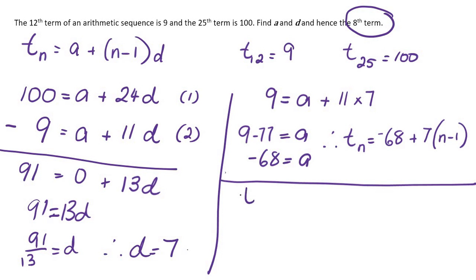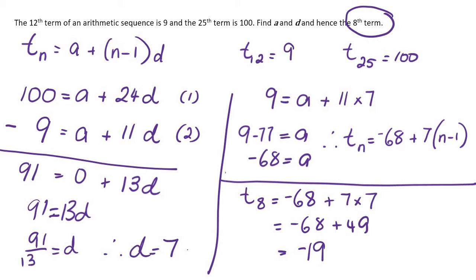So I can now substitute in. T8 equals negative 68 plus 7 times n minus 1. So n is 8, so 8 minus 1 is 7, which gives me negative 68 plus 49. So my 8th term is going to be negative 19.